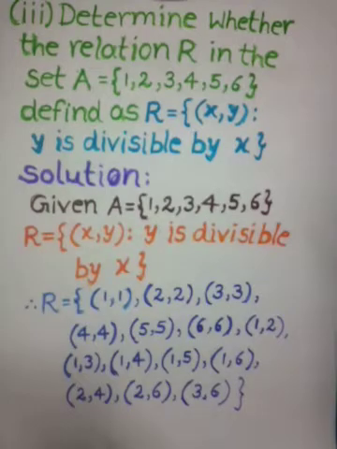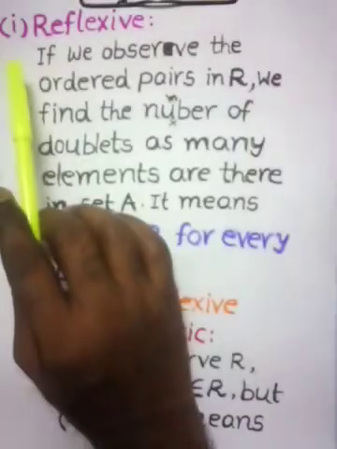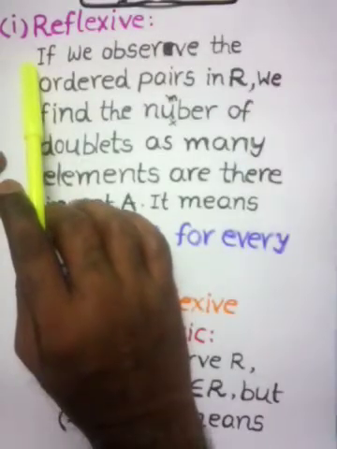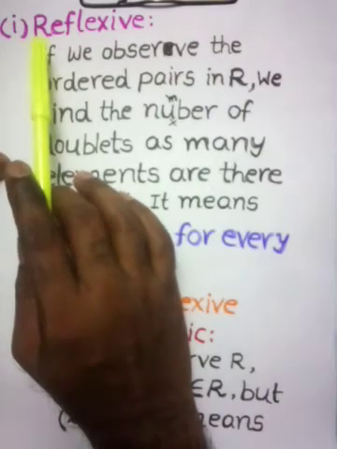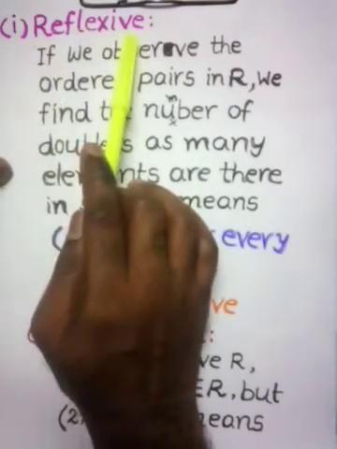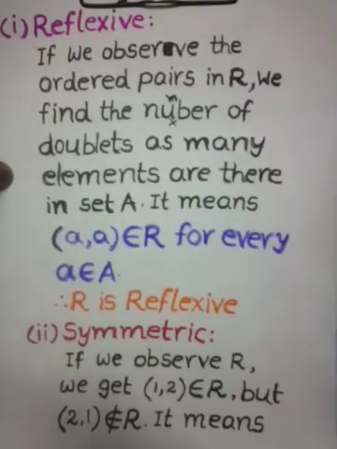Understood, my dear children? Now let us check whether the given relation is reflexive, symmetric and transitive or not. What is the first relation? That is the reflexive relation. If we observe the ordered pairs in the relation R, what do you find?